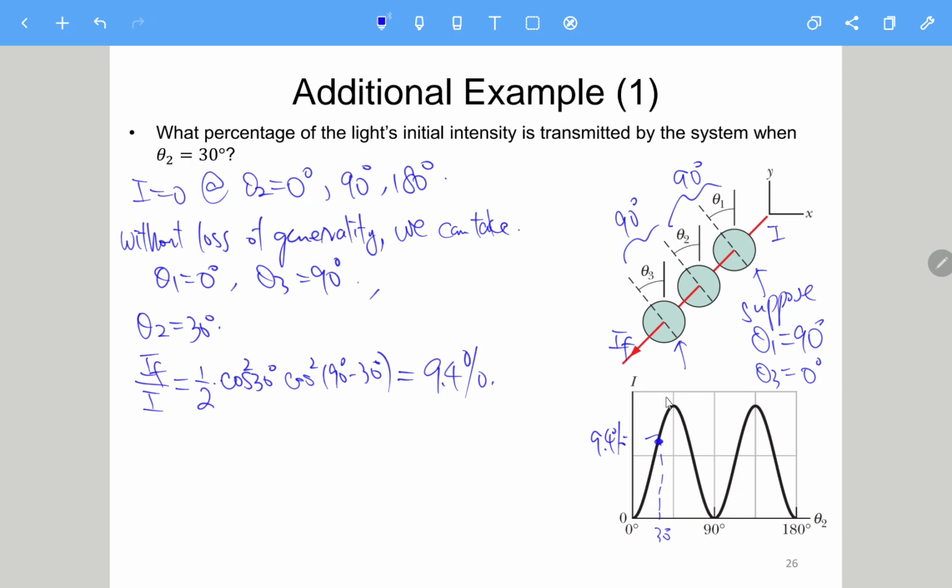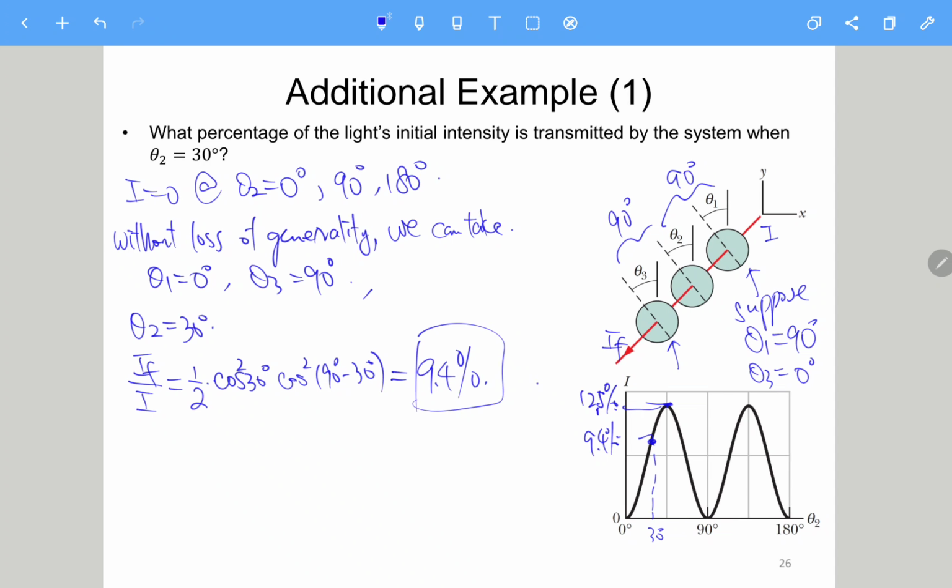If you're interested, you can try to calculate cosine square of 45 degree. Cosine square of 45 degree is square root of 2 over 2, so we have it to the 4th power. So this one is like 12.5%, 1/8. This is 1/8, this is 9.4%. Okay, so this is the answer to this additional example.